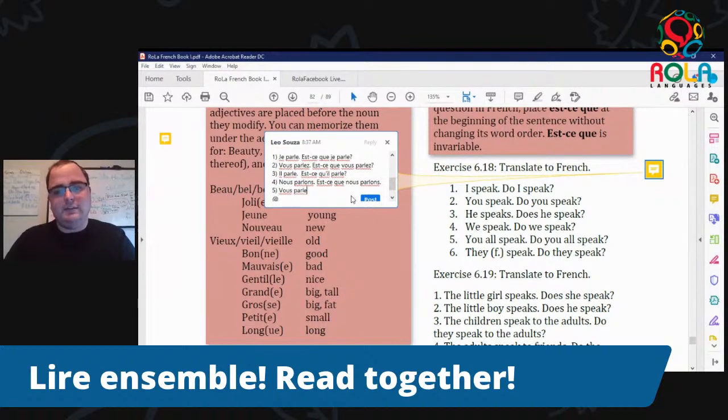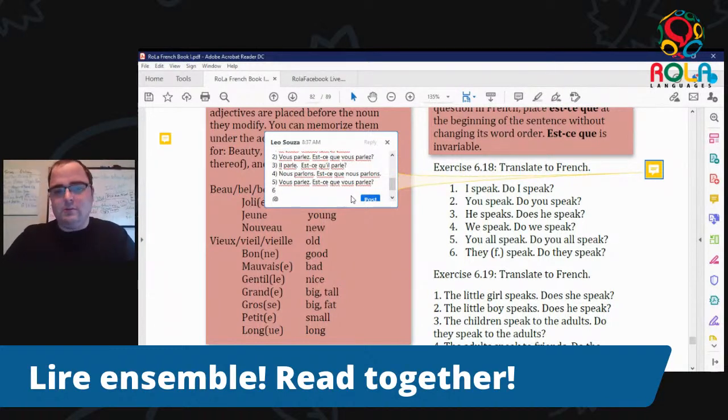Vous parlez. We don't have to put the tu, because the vous stands up for everybody in a group. Vous parlez, est-ce que vous parlez? Non, voilà. Est-ce que vous parlez?